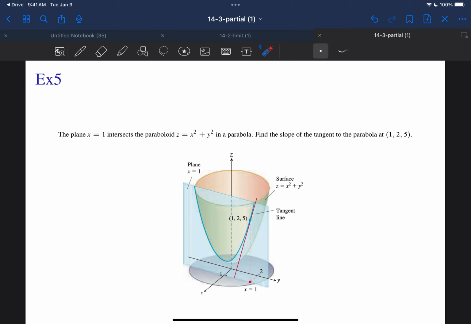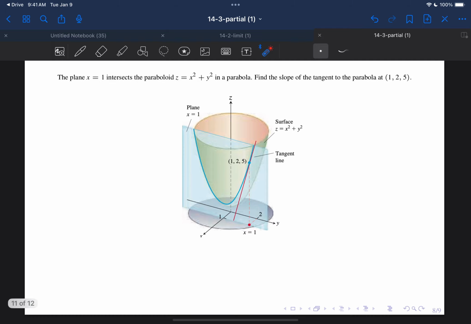And if you intersect this paraboloid by the plane x equals 1, so this is the plane x equals 1, then it intersects the 3-dimensional paraboloid in a parabola, as we see in the blue line. Then find the slope of the tangent to the parabola at (1, 2, 5). So this is the (1, 2, 5) point, and if you draw a tangent line, then this is the red line.